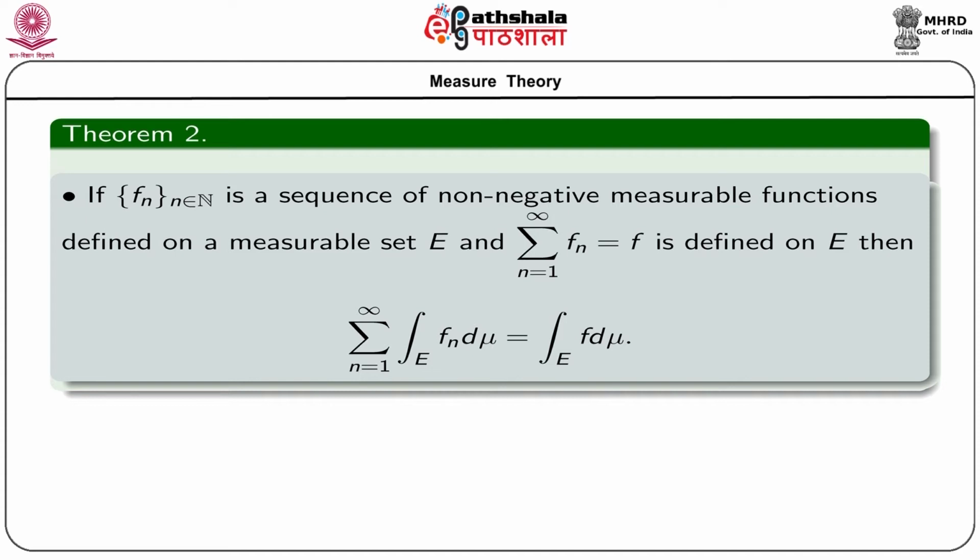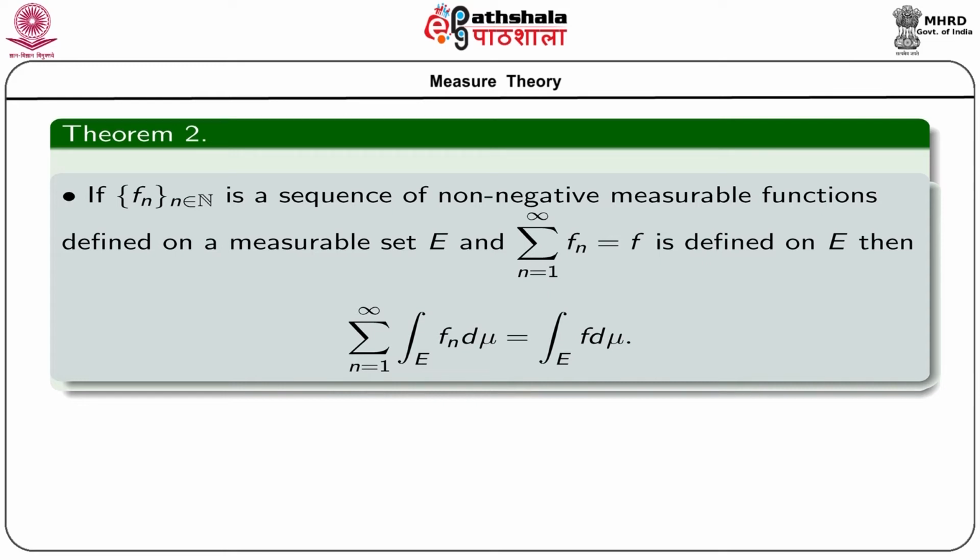Again, we know that Riemann integration does not have this property. For Riemann integration, we only have the property that if f and g are Riemann integrable, then integral of f plus g is equal to integral f plus integral g, and we can extend that result only up to a finite number of sums, that is, sum of a finite number of terms.